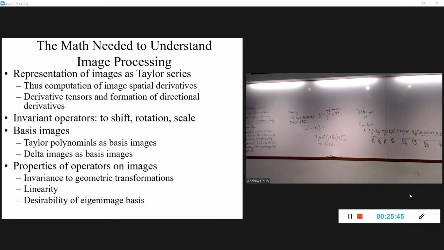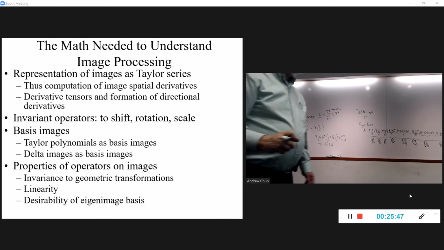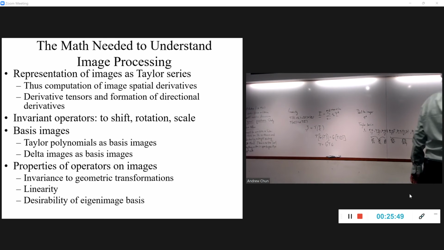And that's linearity. And so we were interested especially in operators that were both linear and translation invariant. And translation invariant is just another word for shift invariant, right?